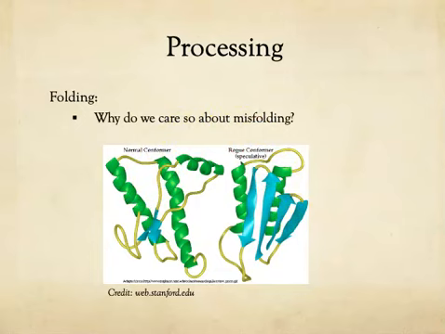If you're familiar at all with mad cow disease, what makes it so damaging and devastating is that these prions will gather in nervous tissue and they will accumulate with one another and damage the neurons themselves, causing them to die.